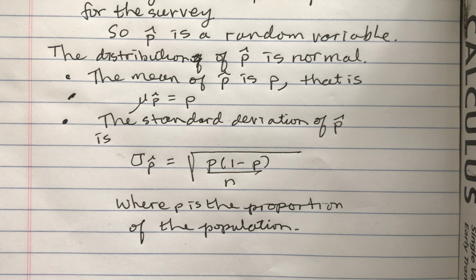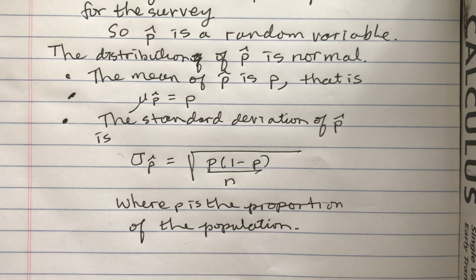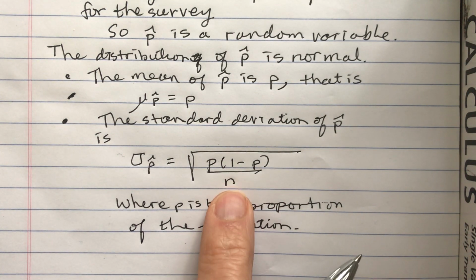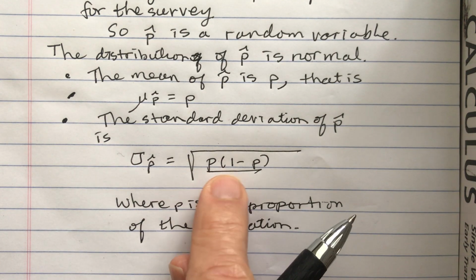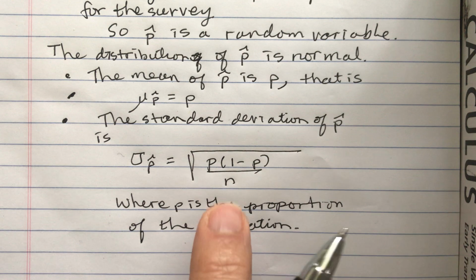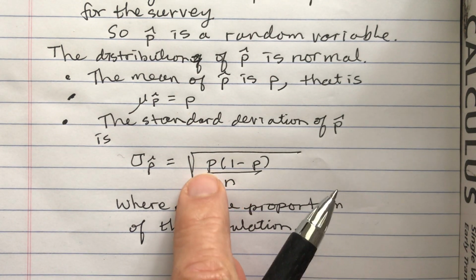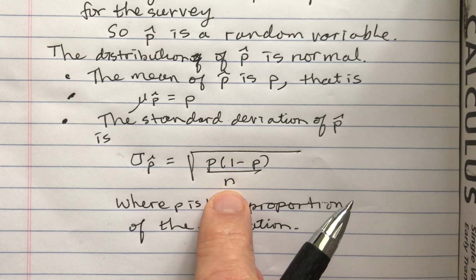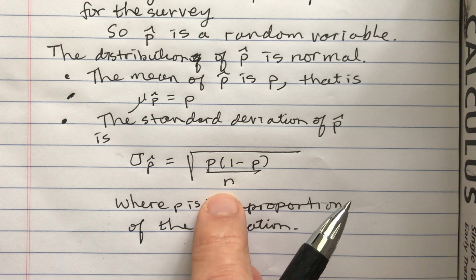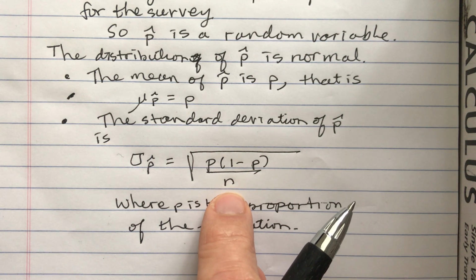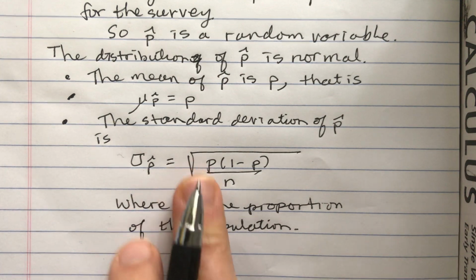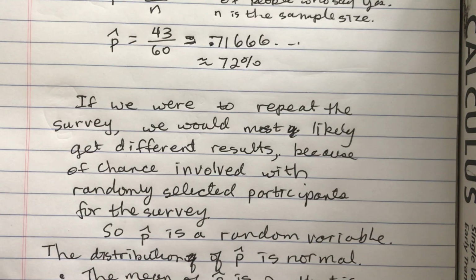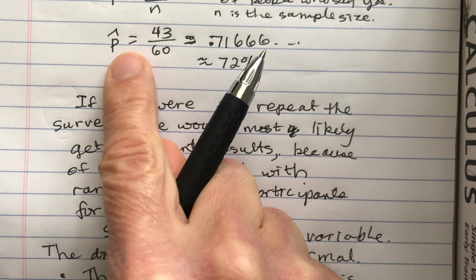So there's formulas involved here. And here we see if we divide by n, because it's under the radical, it's divided by the square root of n. What that means is that the larger the sample, the smaller the standard deviation is, and that would mean the p hats you take are closer.